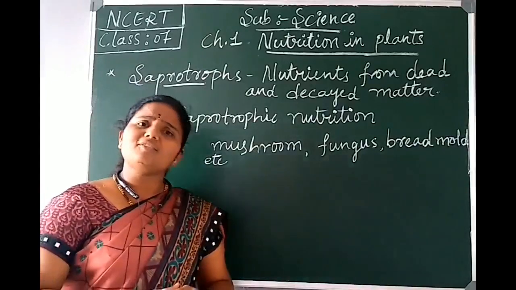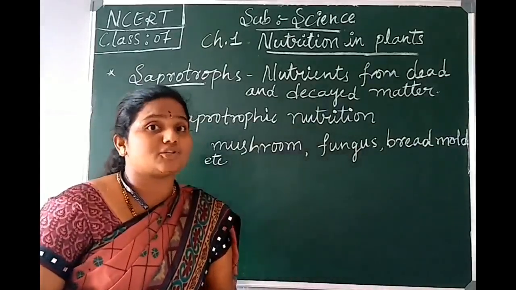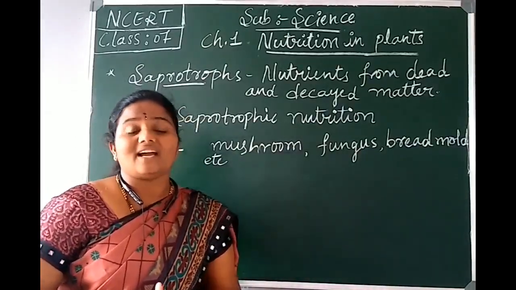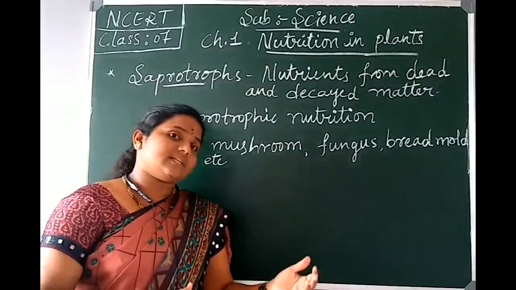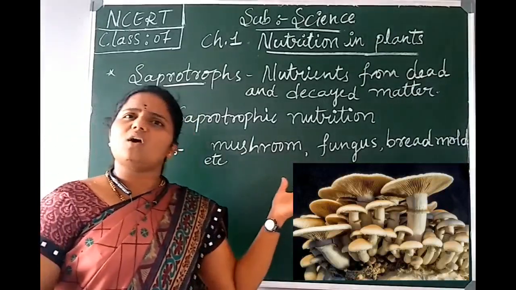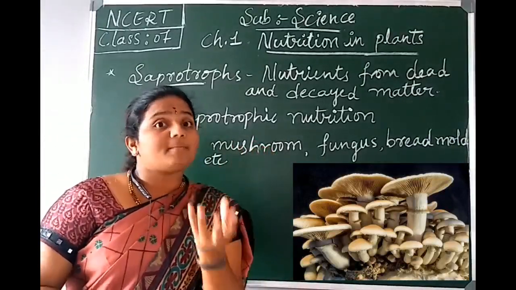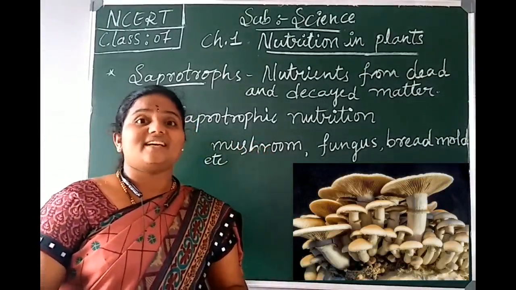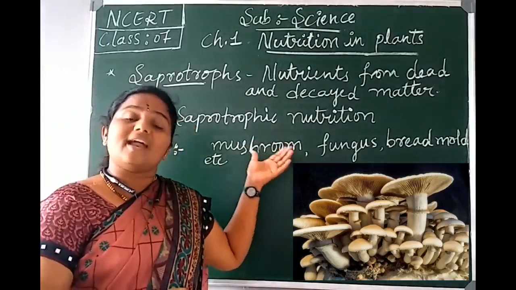Those are called what, children? Saprotrophs. For example, have you seen, children, mushrooms in the market? Like vegetables, mushrooms are also sold, isn't it? They are like fluffy umbrella-like structures. These are edible.